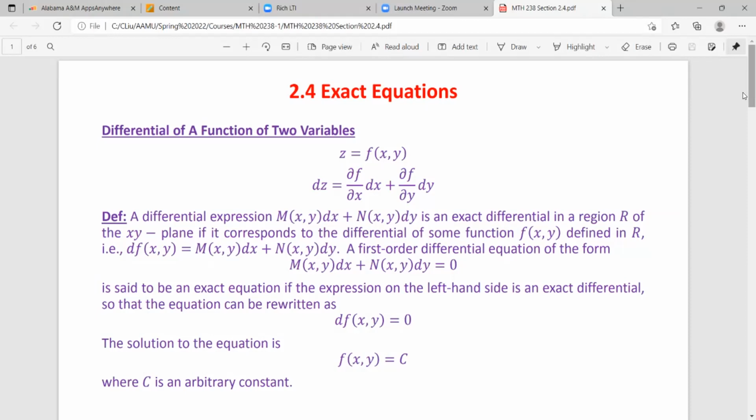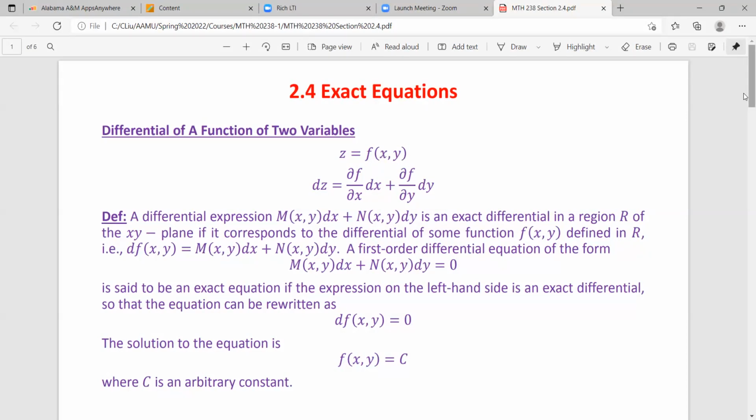So what it means is you are given an expression with some functions M and N. They are both functions of x and y. So the expression M dx plus N dy, if it is equal to the differential of a function f, okay, then this expression M dx plus N dy is called the exact differential.